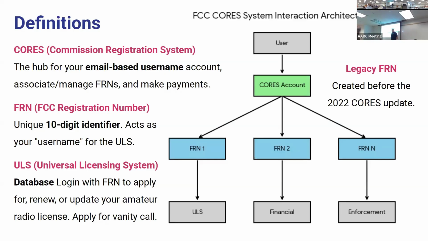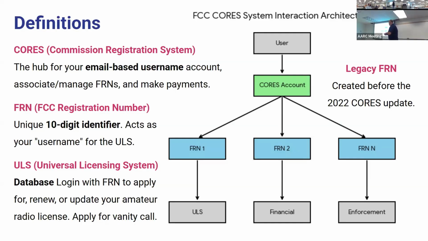So the email-based account is CORS, the Commission Registration System. This is the hub. This is where it starts. You use it as an email-based account, okay, and you use CORS to associate your FRN, and I'm going to walk through this on a slide, to associate your FRN with your CORS account.